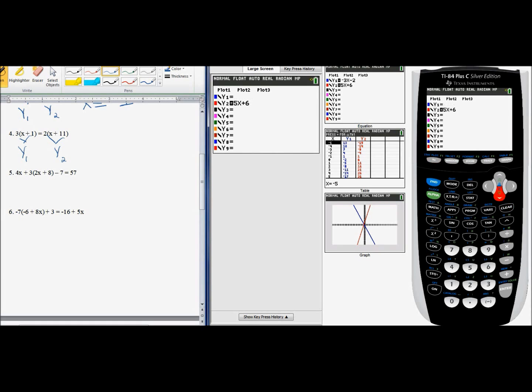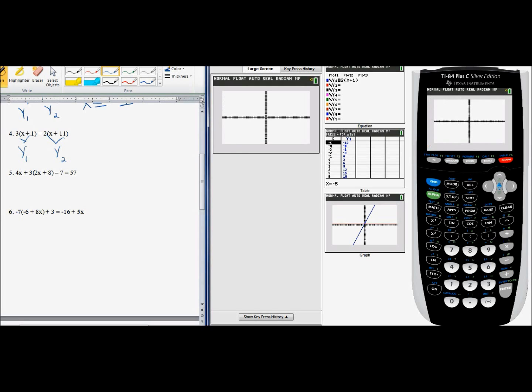I want to clear these out first. Okay, so this first one was 3 times, excuse me, x plus 1. Enter. The second one, y2, should be 2 times x plus 11, close parentheses.